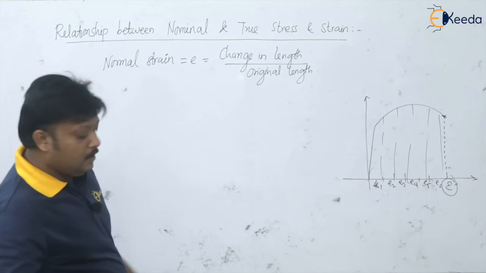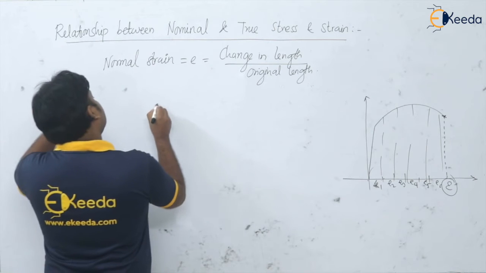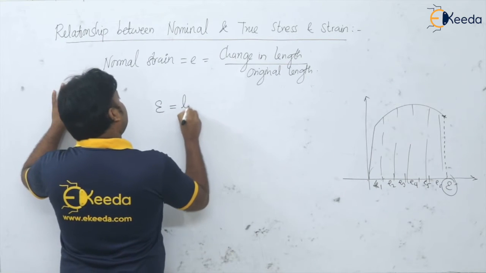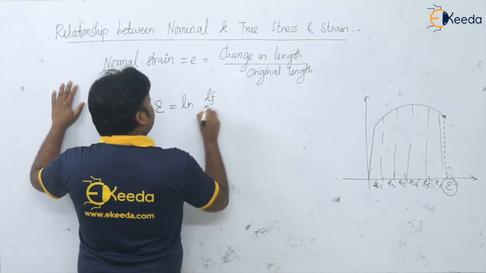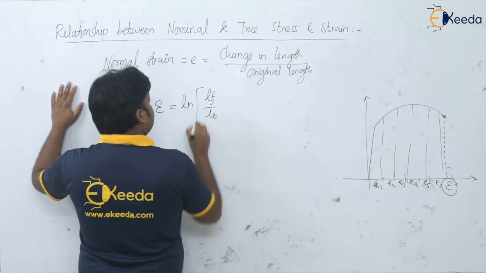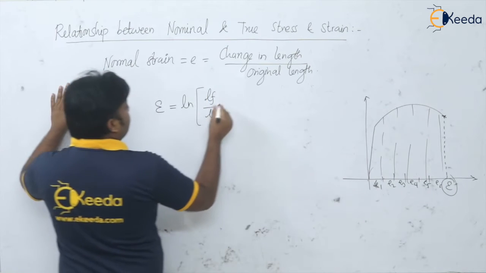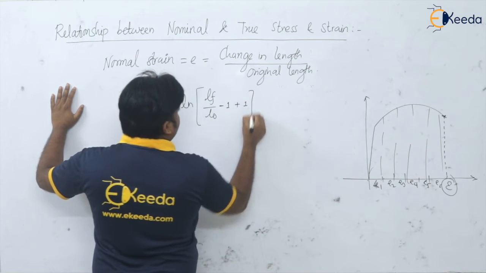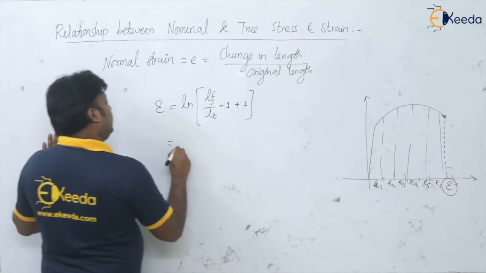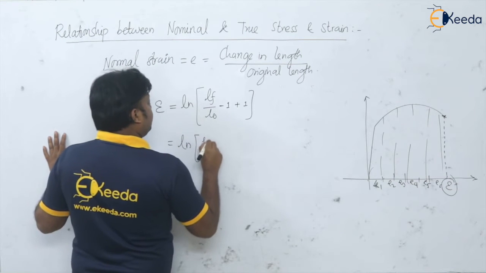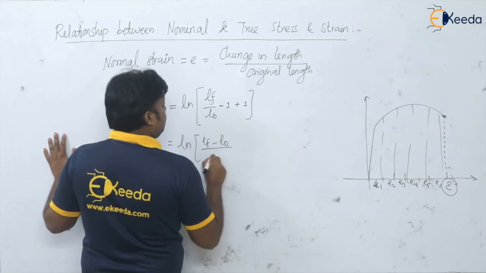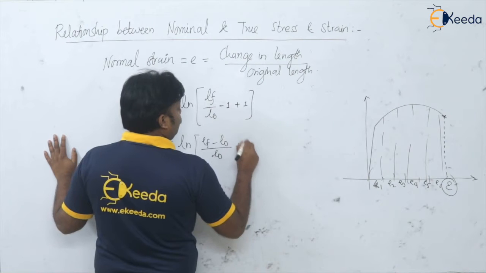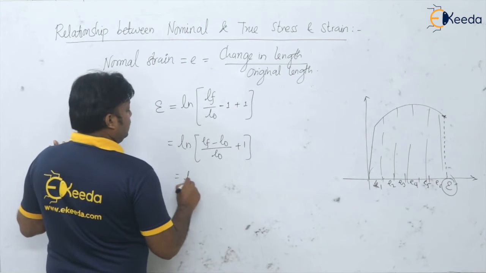So here we have the formula for true strain, ln of L final divided by L original. Now in this equation I am subtracting 1 and adding 1 once again. So what we get is ln of (L final minus L original) divided by L original, plus 1. And what is this?